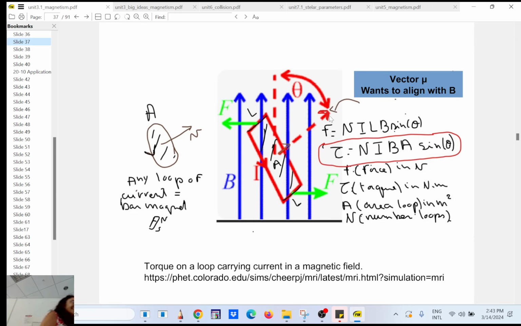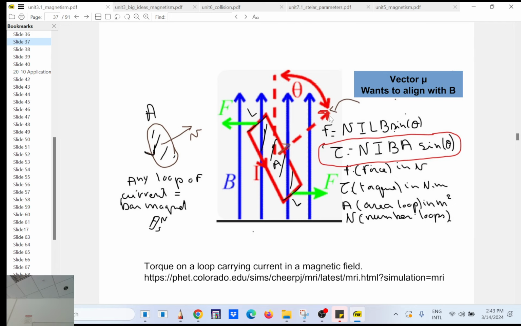Do you agree? Let me show you that. See? It's this way, right? The magnetic field is going in that direction, so it wants to rotate to align itself with the magnetic field. In that case, it will be at its lowest level of energy and it's going to be happy. Is that clear?